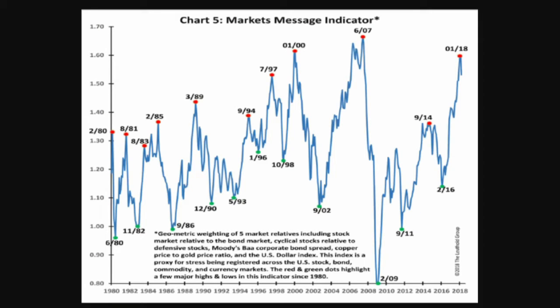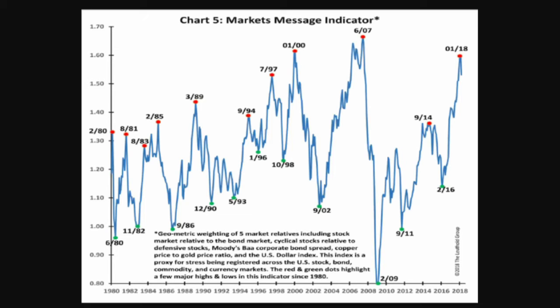And this last chart here from Bloomberg, which is labeled the Market Message Indicator, tracks various different data points, including how the stock market is performing relative to the bond market, cyclical stocks relative to defensive stocks, corporate bond spreads, the copper to gold price ratio, and the US dollar index.